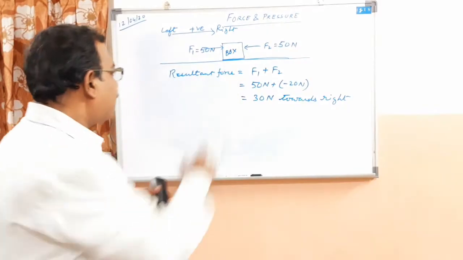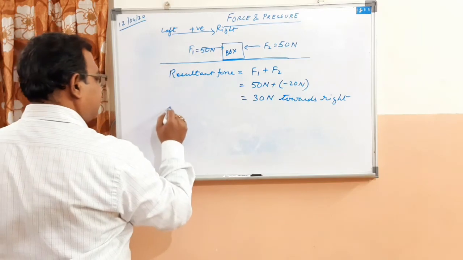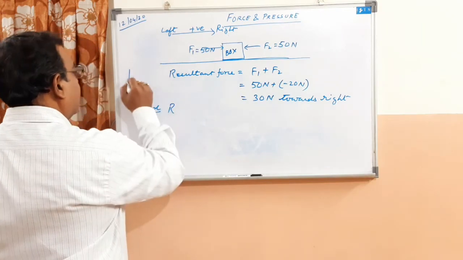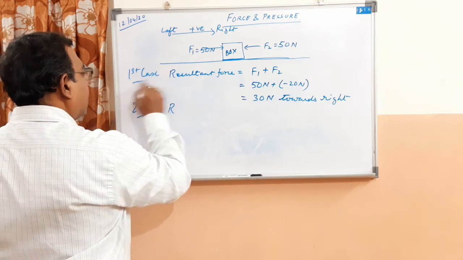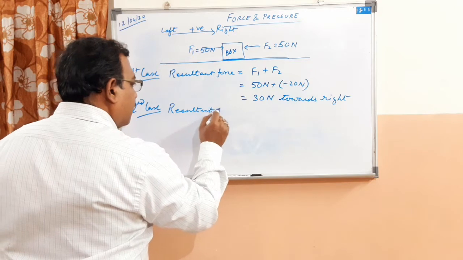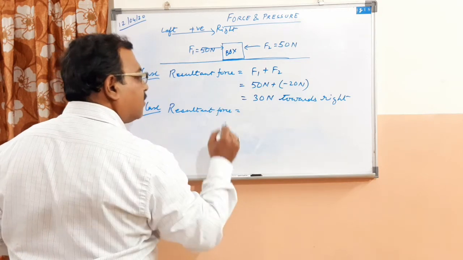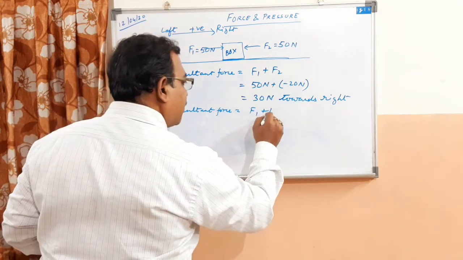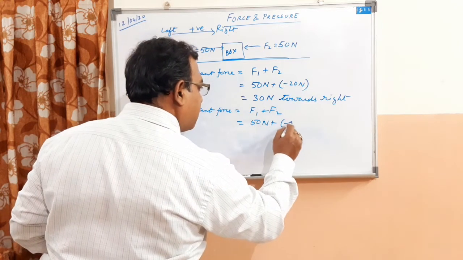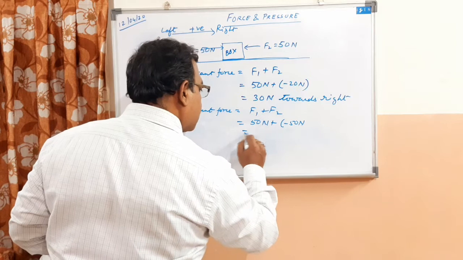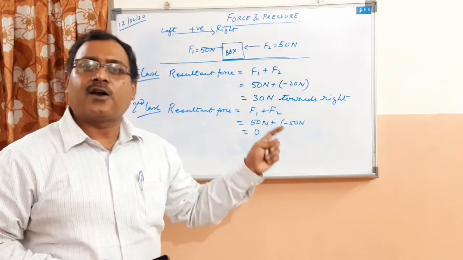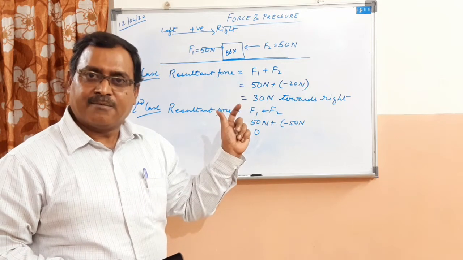So here, in the second case, resultant force will be F1 plus F2, that is equal to 50 Newton plus minus of 50 Newton, which comes to 0. That means the body will not move at all. It will remain stationary. Clear?